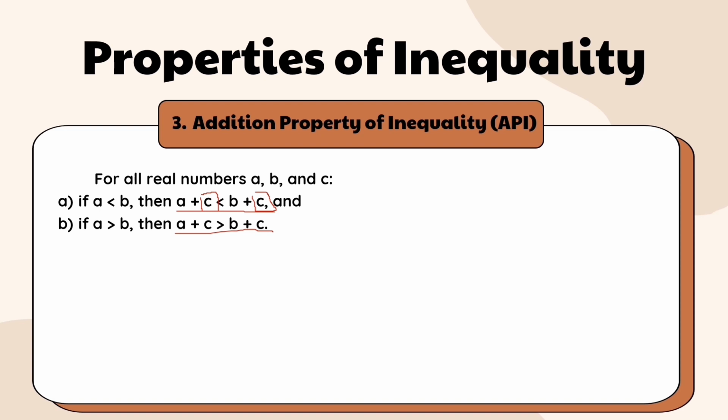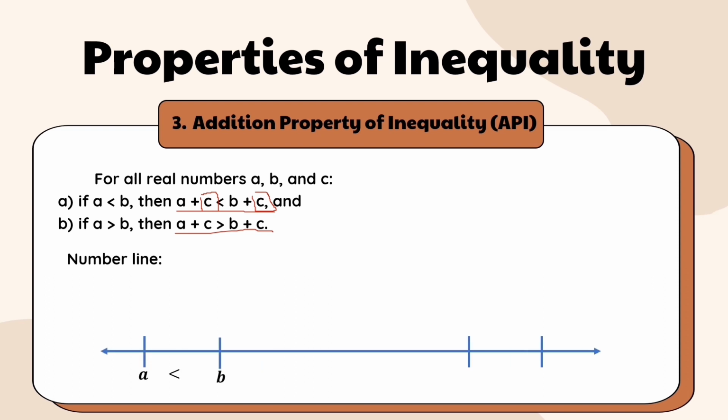This property can also be visualized by a number line. So A is less than B, and we will add 4 to both sides of the inequality. So we have A plus 4 is less than B plus 4.